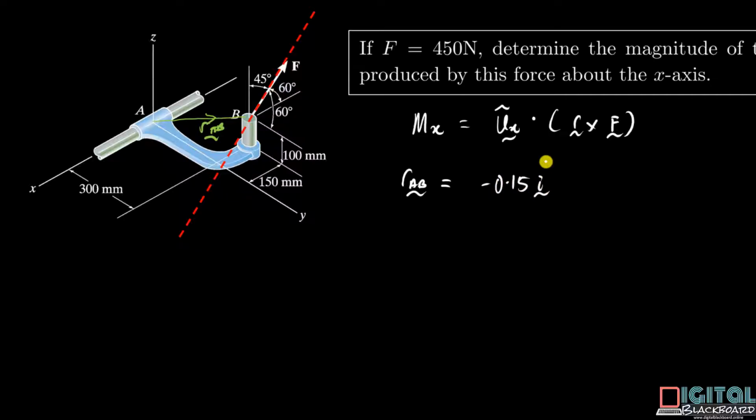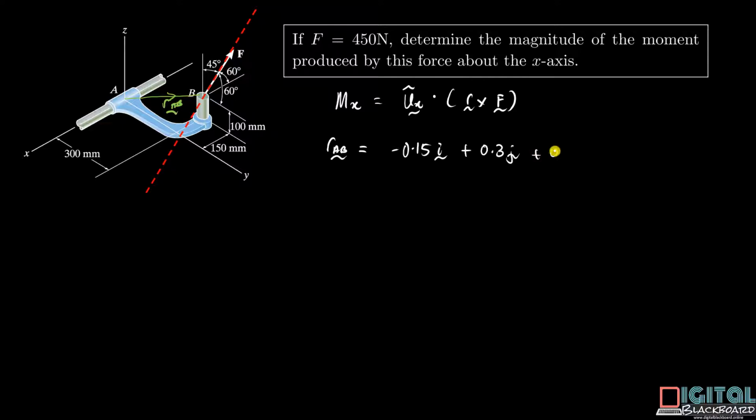It is also moving in the y direction by 0.3 meters, so plus 0.3 j. And finally, it is also moving upwards in the positive z direction by 0.1 meters, so plus 0.1 k. And of course, the unit is in meters.